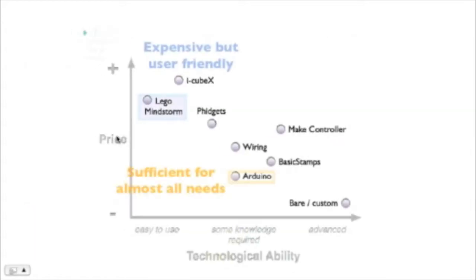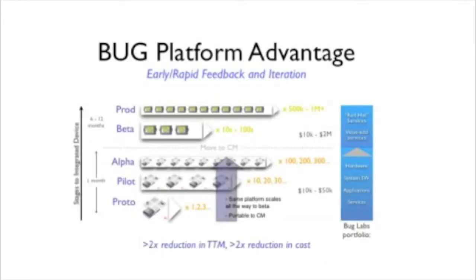So the idea with Bug Labs is that you can move that line, and so now the whole up to alpha stage just takes 1 month, and it'll cost maybe $10,000 to $50,000 as opposed to $100,000 to build the pilot, plus another $100K or so to build the alpha version. So it reduces the cost quite substantially.